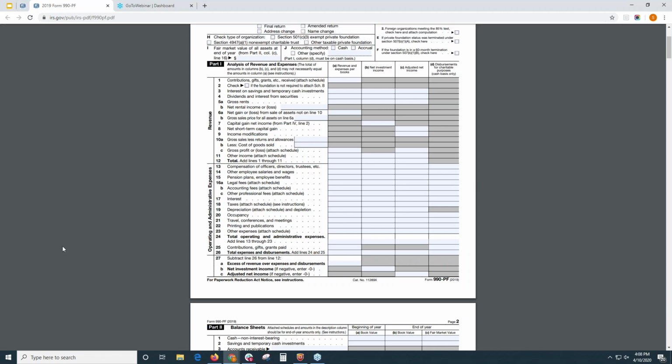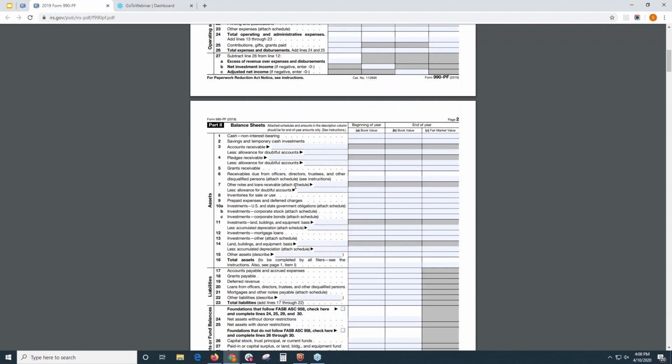We're going to move right along into Part 2, which is the balance sheet. The first part, off to the side, you'll see where lines 1 through 16 are for assets. This section is used to report the beginning of the year book value and the end of the year book value and fair market value of assets. Things such as investments, grants, and other assets are reported here as well.